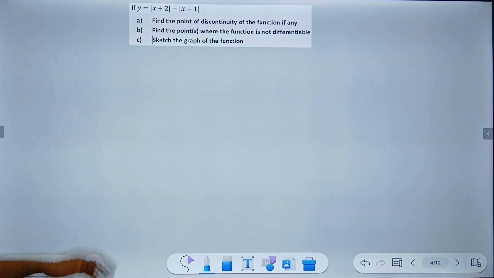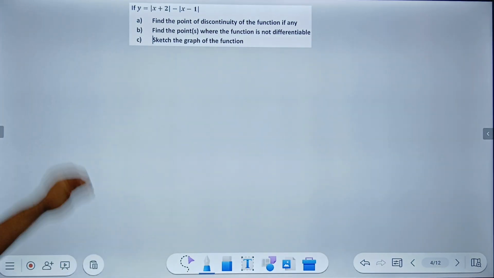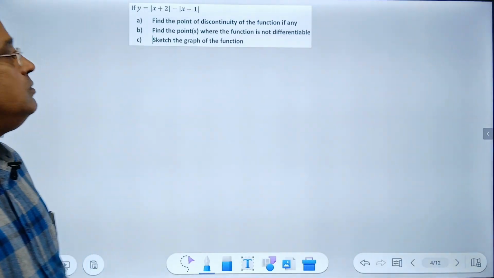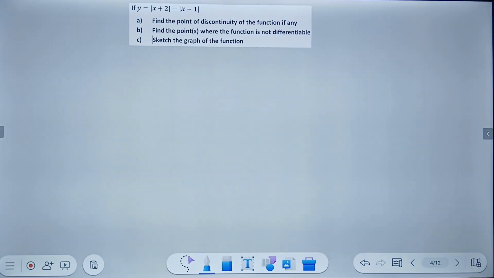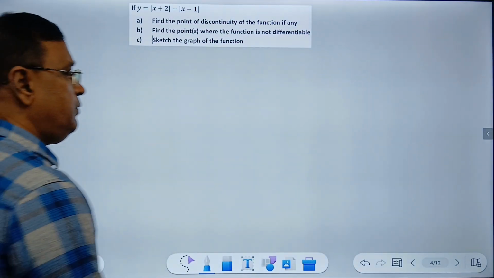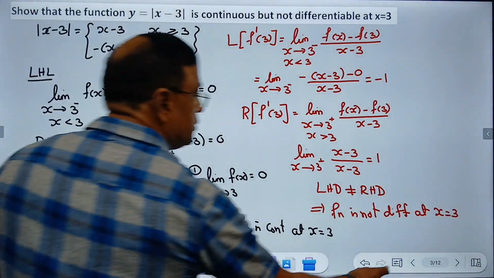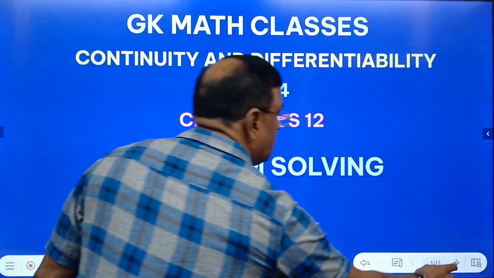Now, a very, very important question, slightly complicated also. y equal to modulus of x plus 2 minus modulus of x minus 1. And before I go to this, I want to make one very, very important statement. I'll put it here. Now, what is the statement?